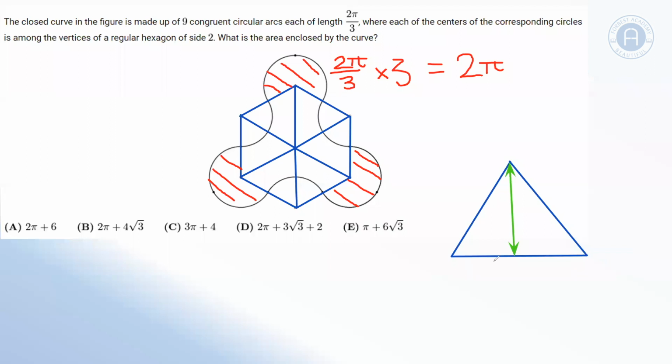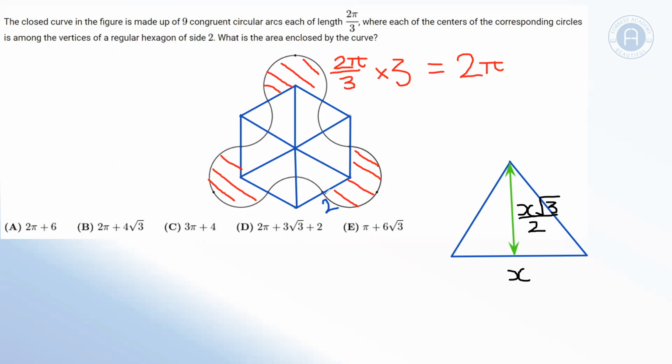So for instance, if we had a base of x, the altitude of this would be x times √3 over 2. In this instance, the base of each of these equilateral triangles is 2.